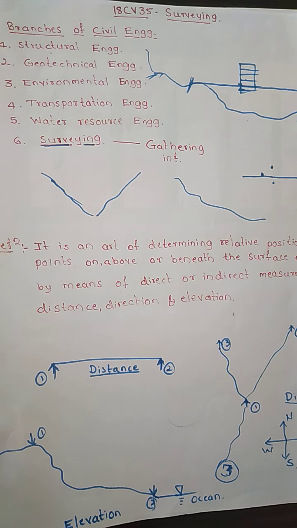Now comes transportation engineering, he is going to design the rigid pavement, flexible pavement, or provide the connection between two points or two locations. For this again surveying is a very important aspect, even in environmental engineering, in order to lay the water line or wastewater line or sewer line. And even the structural engineer also requires the help of surveying.